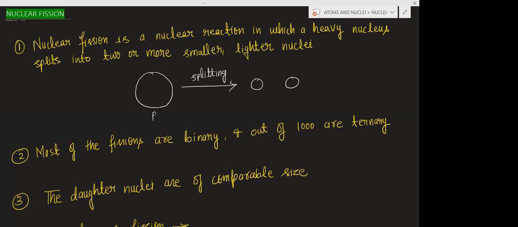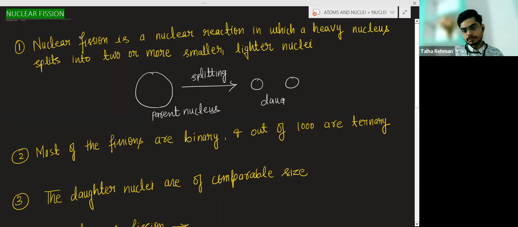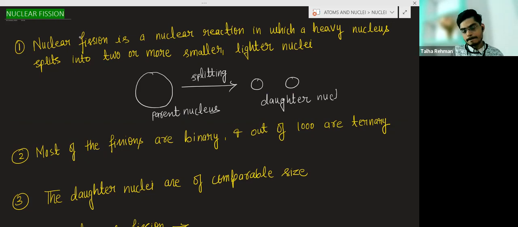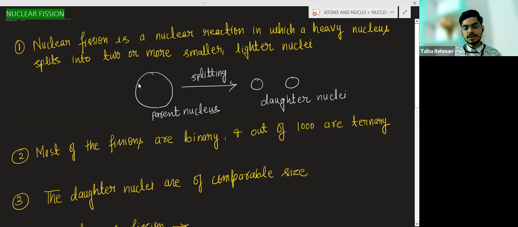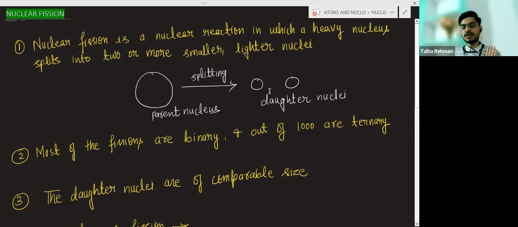So this is the parent nucleus, and these are the daughter nuclei. Parent nucleus, daughter nuclei. This nucleus here can break into 3 daughter nuclei also, but mostly it will break into 2 daughter nuclei.